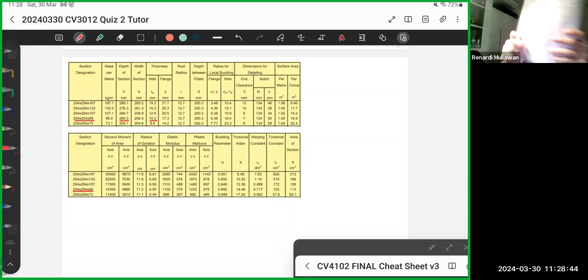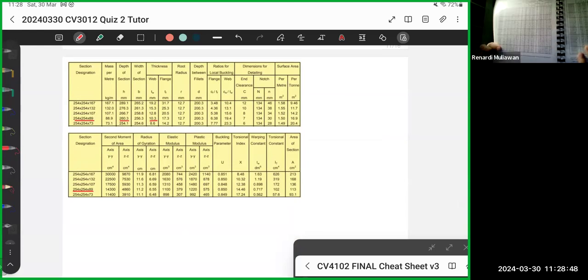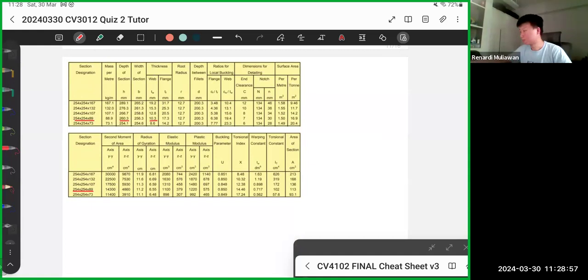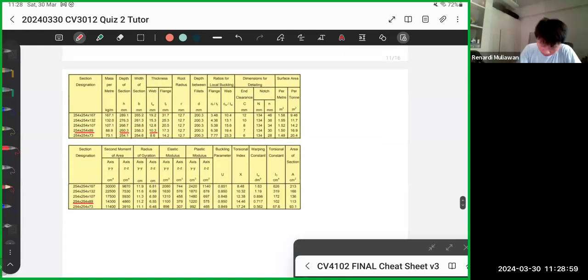So again, look at my camera. For each section, there are two pages. There's one page on this, one page on this for the same section. That's why in the screen share right now, there are two tables, because they are located on two different pages. So be careful.